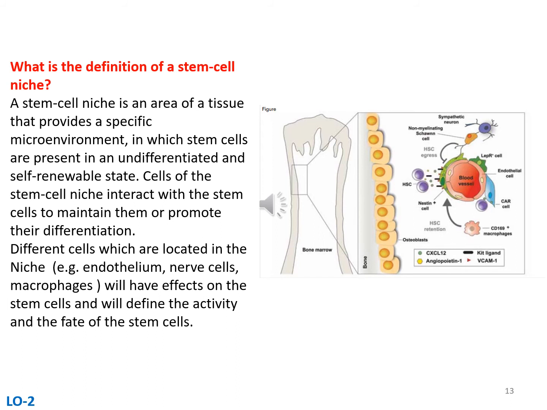Different cells located in the niche, for example the endothelium, the nerve cells, and the macrophages, have an effect on the stem cell and will define the activity and the fate of the stem cells.